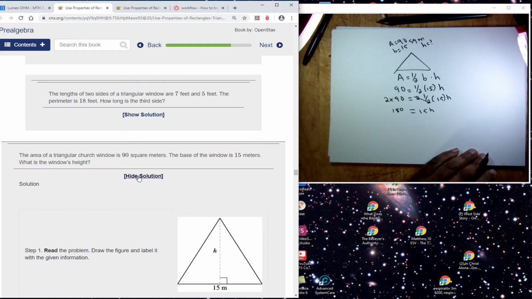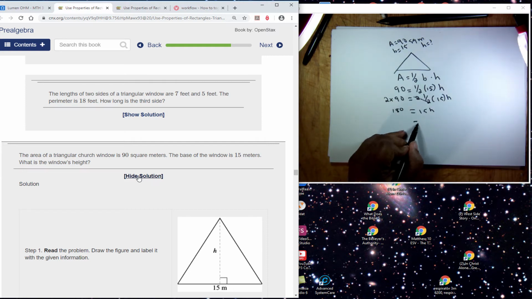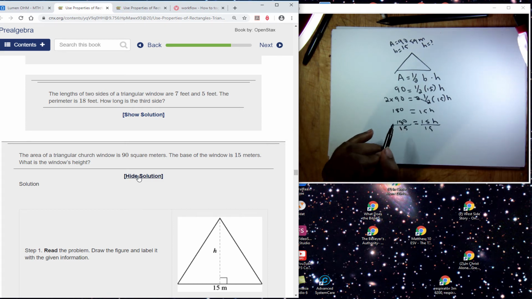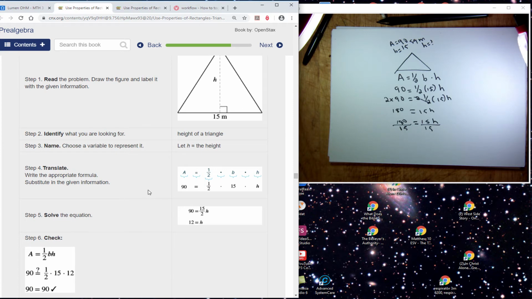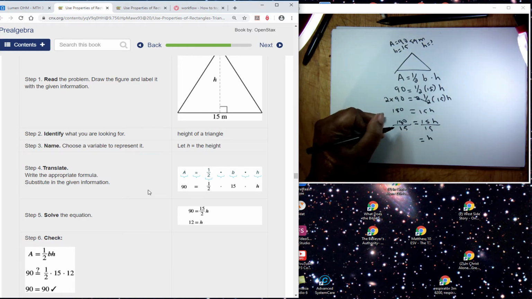Now I'm going to divide both sides by 15. H is equal to 12.